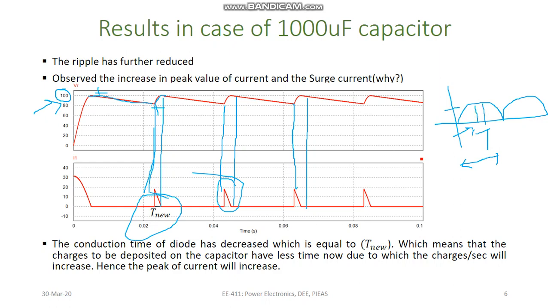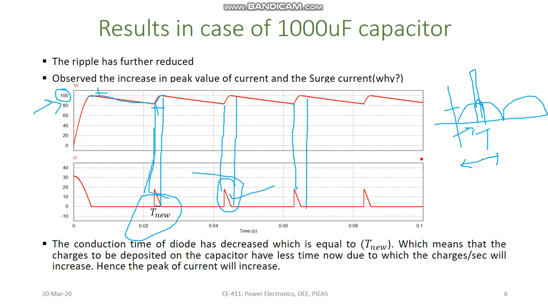Now that the time period has reduced, let's say that this is the new time period T new shown here. So in order to supply the same amount of current, this peak has to increase, which is shown here. Why has the peak increased?